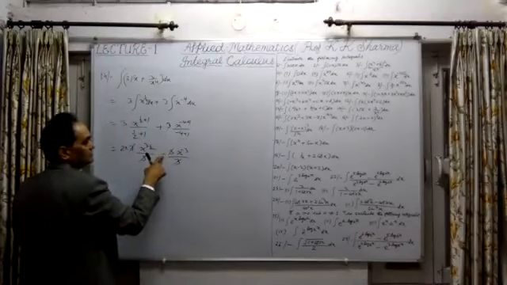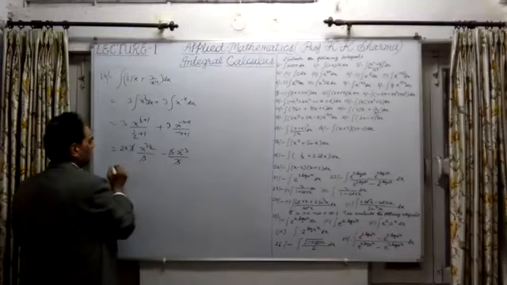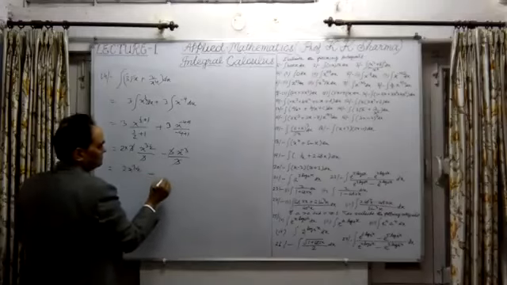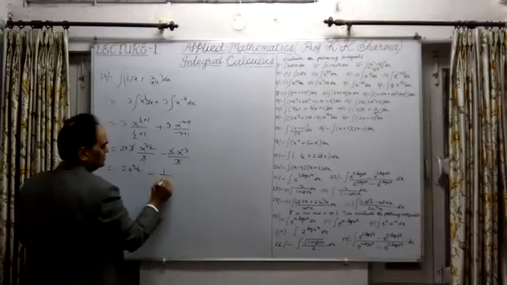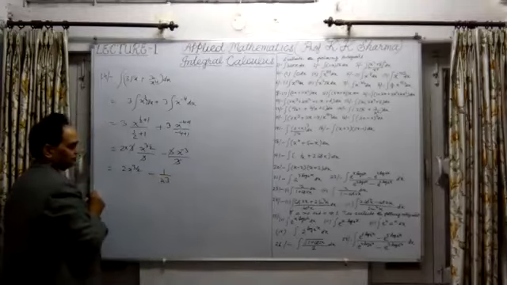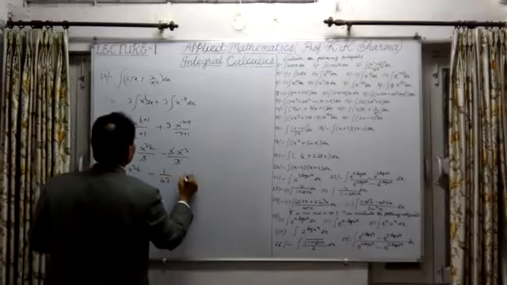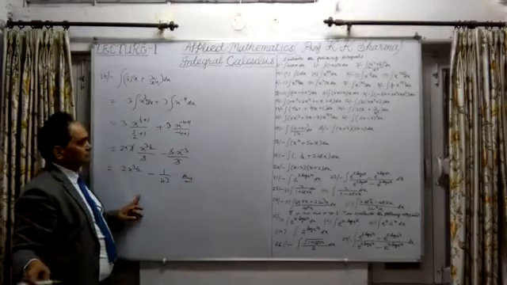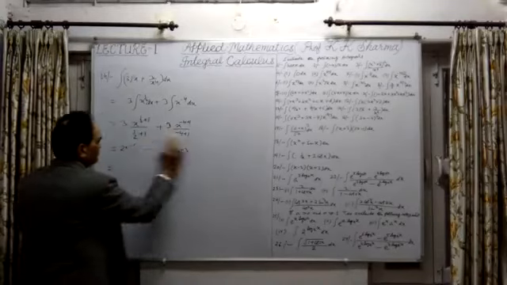So minus sign is taken here. Plus minus is minus. Okay, now this is 2 into x raised to power 3 by 2, positive. This is minus 1 upon x raised to power 3. So this is the answer here. Okay, so this is the answer of question number 14.